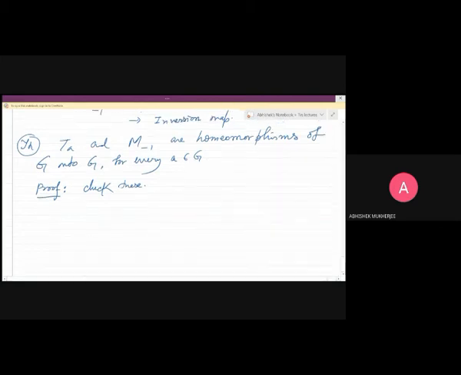Now since T of A composed with T of minus A, that means T of A of x plus minus A, and that means it is x plus minus A plus A, so that means it is x.